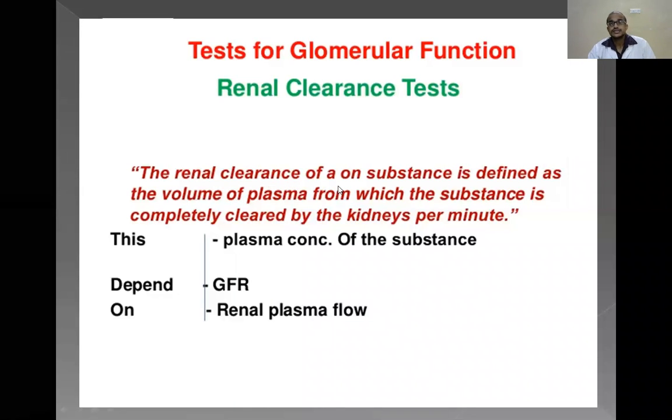The renal clearance of a substance is defined as the volume of plasma from which the substance is completely cleared by the kidneys per unit time or minute. Okay, and this clearance test depends upon the plasma concentration of the substance, GFR, the glomerular filtration rate, and renal plasma flow.